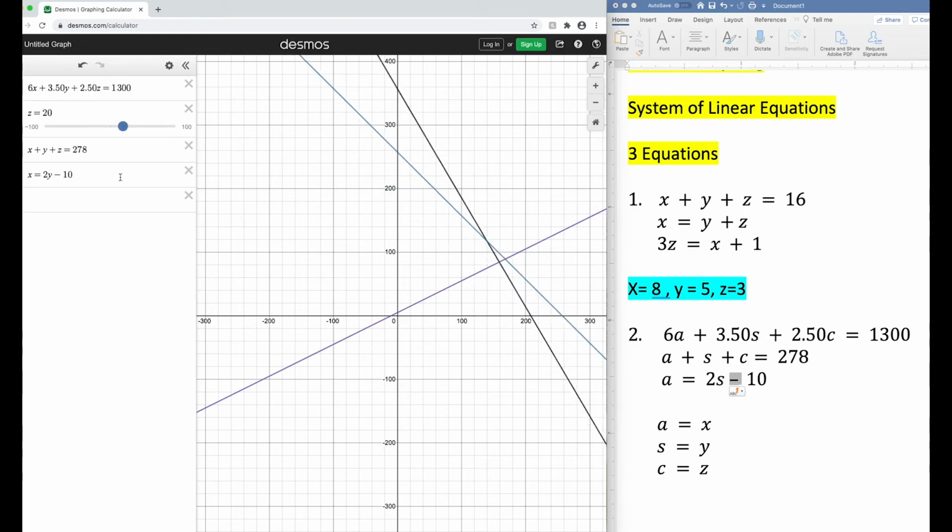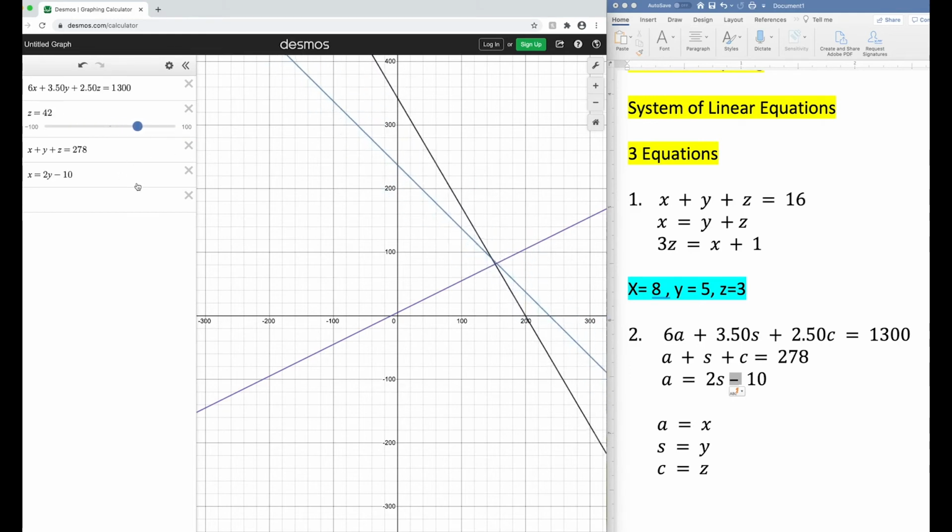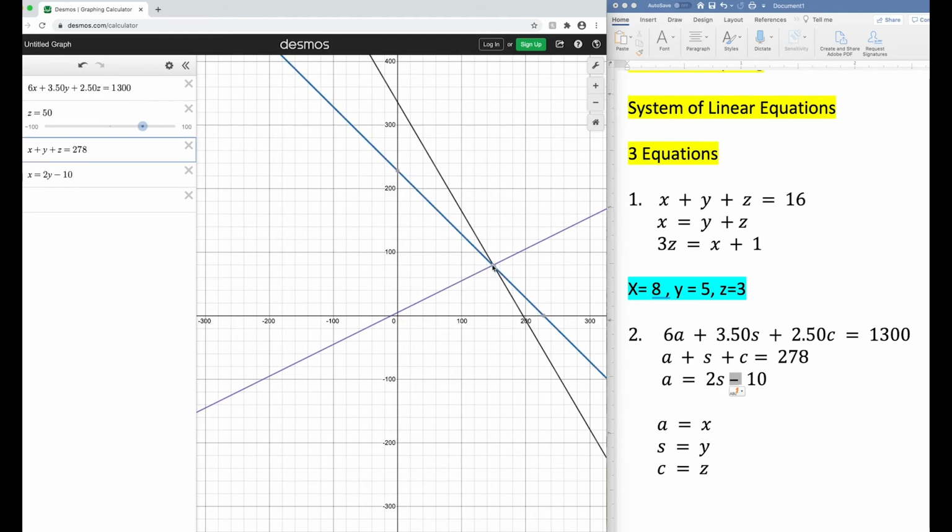So as you can see right here, I can change the line more, right? And I'm just going to stop whenever the line meets. And I'm going to look at the numbers to see. It doesn't give me a good number yet. So I'm going to move until the line meets.